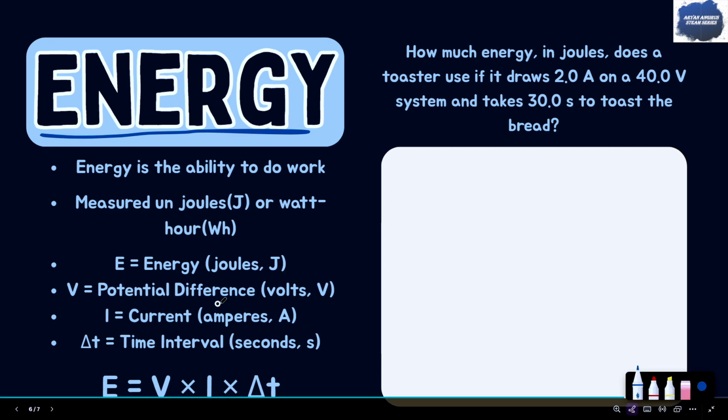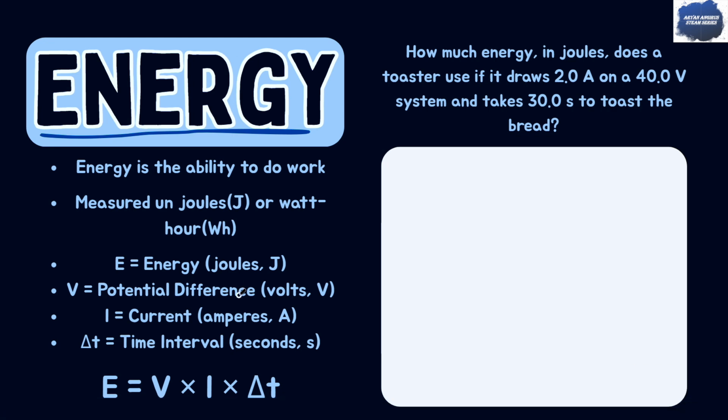V is potential difference, I is current, and delta time, also known as change in time, is just how long or what amount of time happens between the beginning of the process and the end.